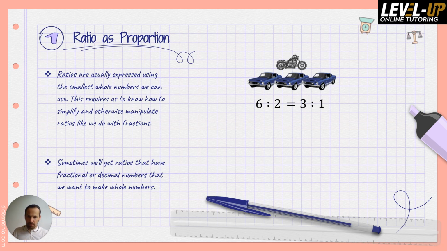Say we have fractional or decimal numbers within our ratio, and we want to get to whole numbers. We can use this technique for manipulating ratios to get that. Something like this could be the efficiency of a car that uses 1 liter of fuel for every 11.4 kilometers it drives.